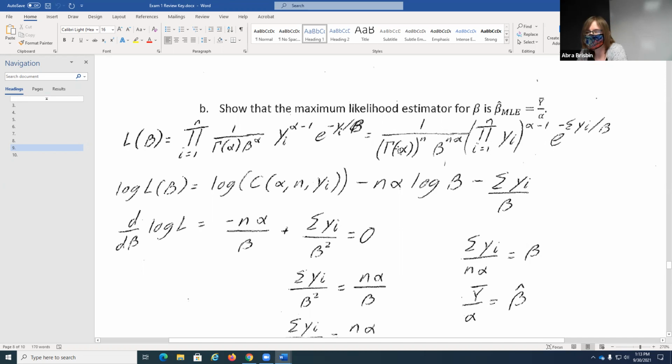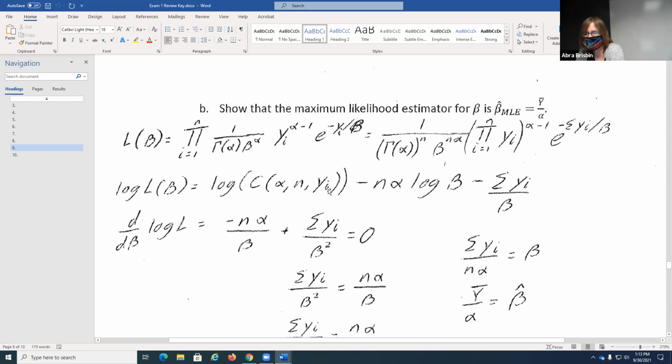And here I just said that this whole thing in front, this 1 over gamma of alpha to the n, all of that doesn't depend on beta, which isn't what we're trying to estimate. So we know that when we take the derivative with respect to beta, that derivative is just going to be 0. So I just wrote this as the log of a constant that's a function of alpha and n.